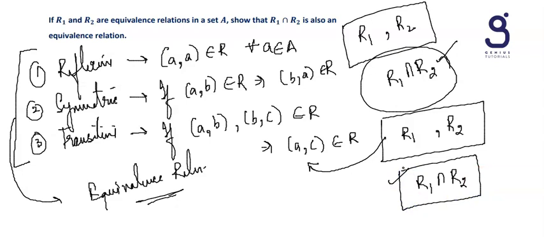That means R1 intersection R2 will satisfy these three conditions: it will be reflexive, symmetric, as well as transitive. So let's verify each condition one by one. First of all, let's verify whether this relation is reflexive or not. We need to prove that R1 intersection R2 is reflexive.